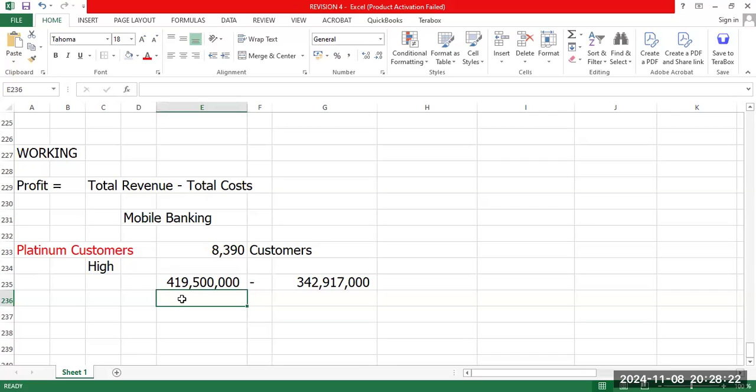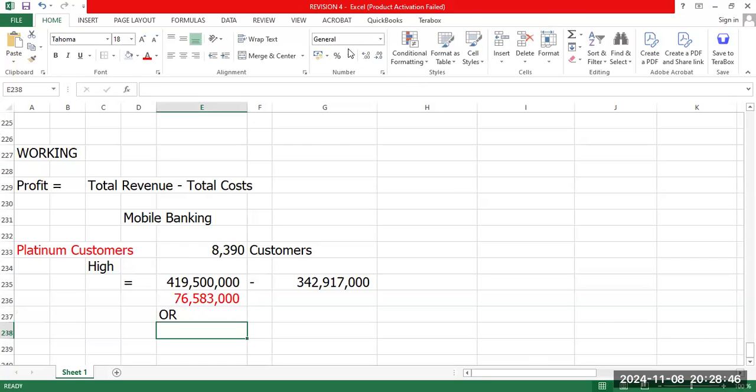Finally, my profit will be equal to, I get this minus this. So that's what I have based on this formula. But you can use another method.